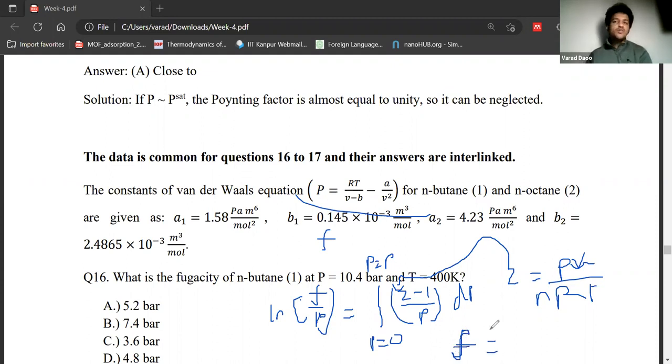Once you get the expression for fugacity, you just have to put in these known values, and you'll be able to get it. In this question, I have asked for n-butane, and in the next question it is for n-octane. So once you get this expression, you will get two questions answered. That is why, with this concept, you try to solve it. I'll give you 5 minutes, maybe more time, to solve it.